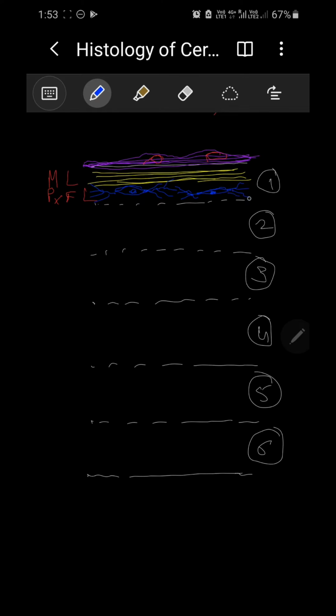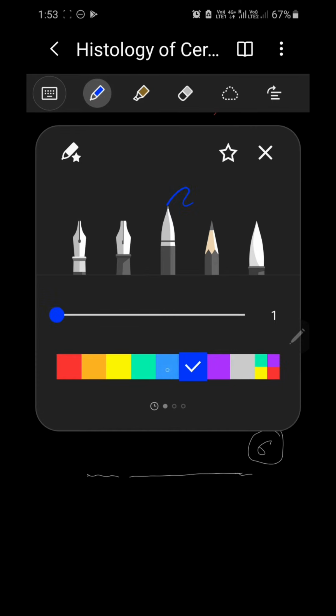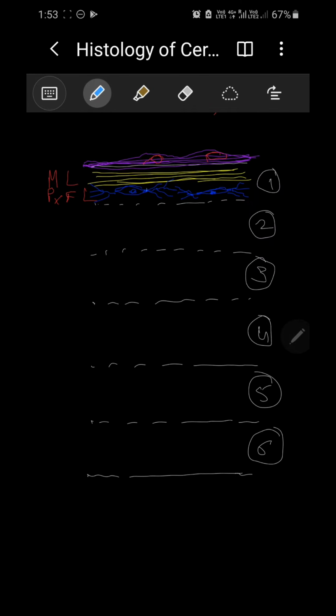Because of the horizontal placement, I think I should use a lighter color so that you can see it better. So these are horizontally placed cells and their horizontal dendrites, and they have a peculiar role in this layer. So let's describe these cells.